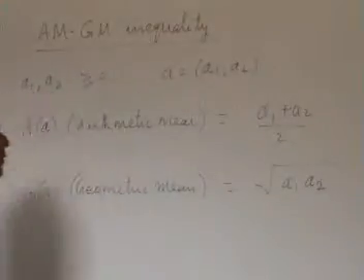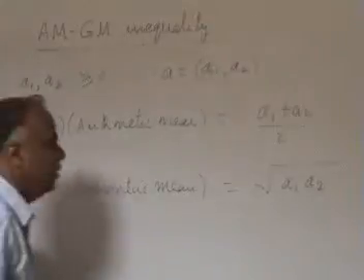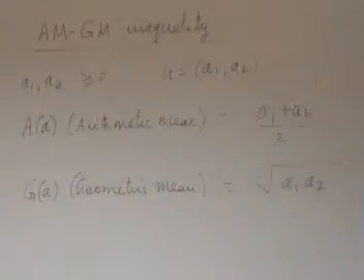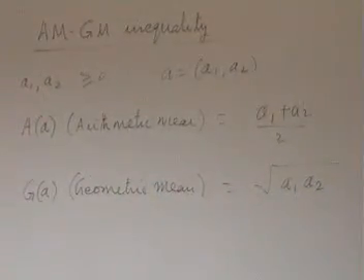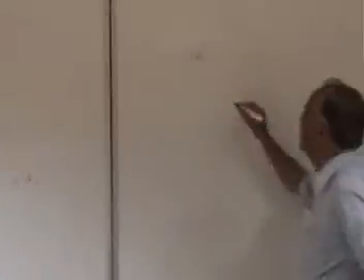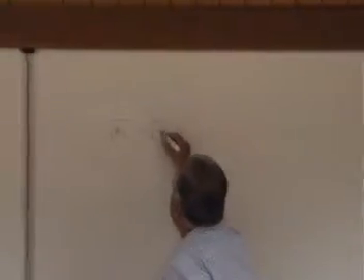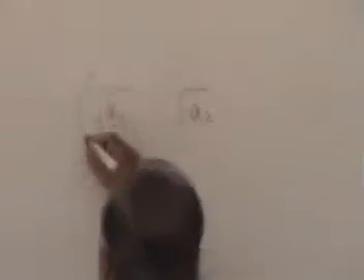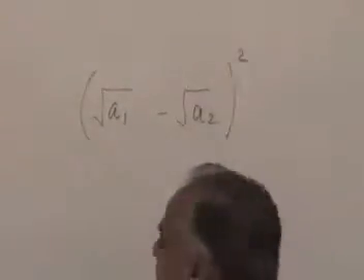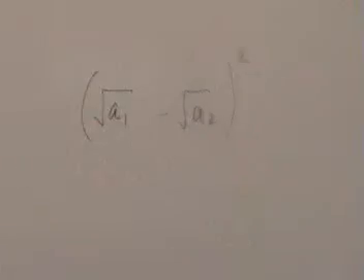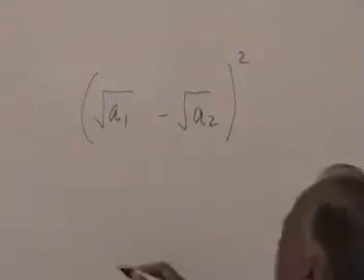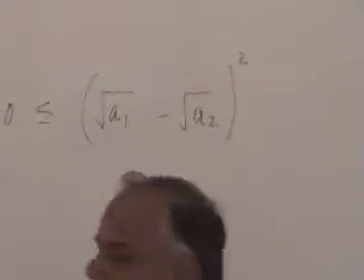Okay, with this, we have the following. If we take the square root of a1 and the square root of a2, both are well defined because they are non-negative, and square the difference. The square of any real number is always non-negative, so 0 has to be less than or equal to that.